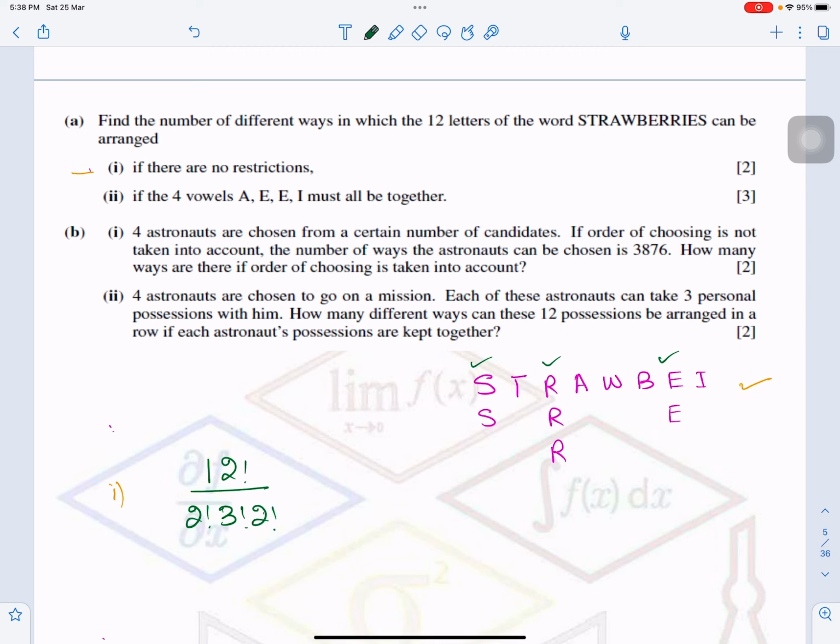In this way you can find how many ways you can arrange these 12 letters, and the answer from the calculator is 19,958,400.